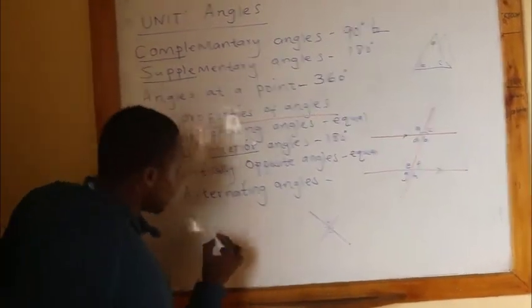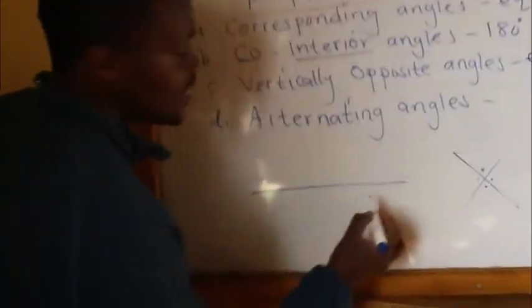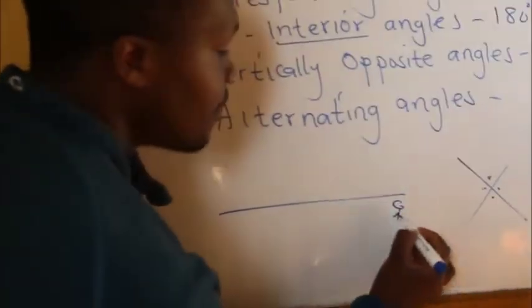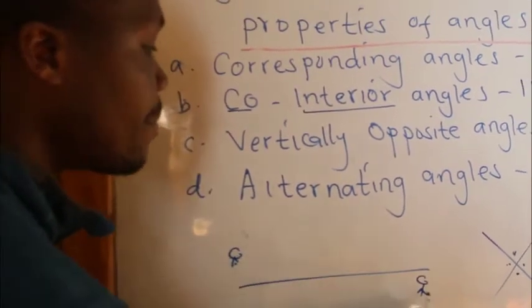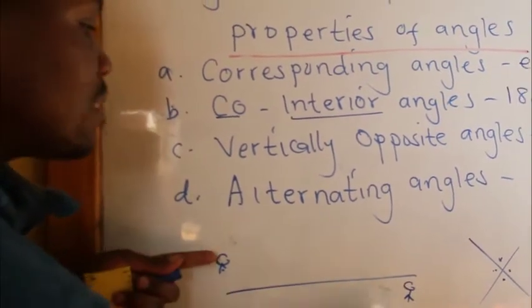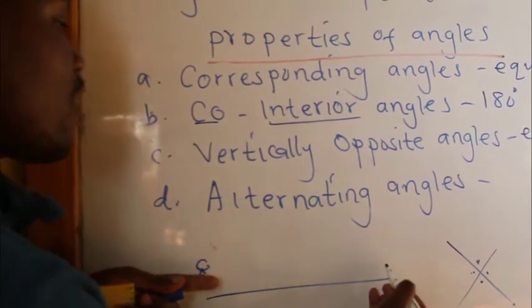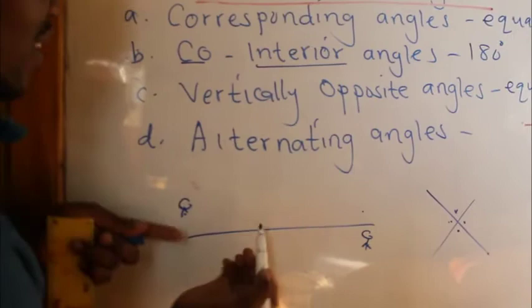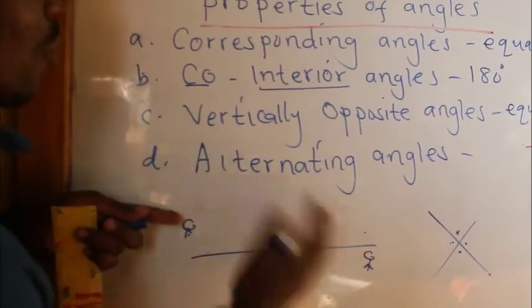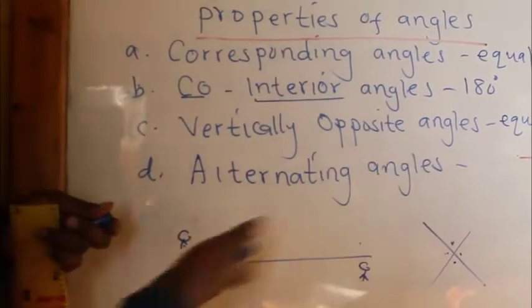So when I draw a line like this, now Mary is standing here, and this is now Tom standing here. When you tell these people to alternate, this girl will go up here, and this boy will come down here. So they are alternating. So alternating angles must stay on either side of a straight line.